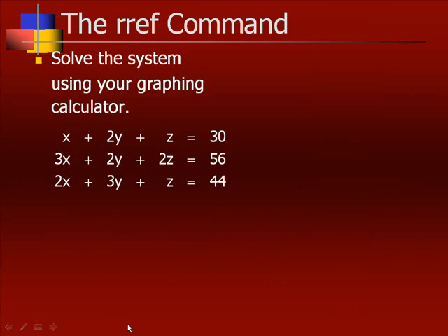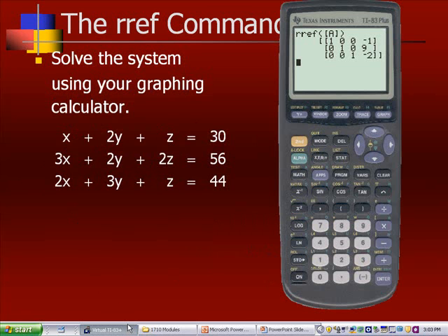Okay, do you want to do another one on your calculator? We're going to set up our calculator. We go second matrix, then slide over to edit, and select option number 1. The size of this matrix is still 3 by 4, so we go 3 by 4, enter.